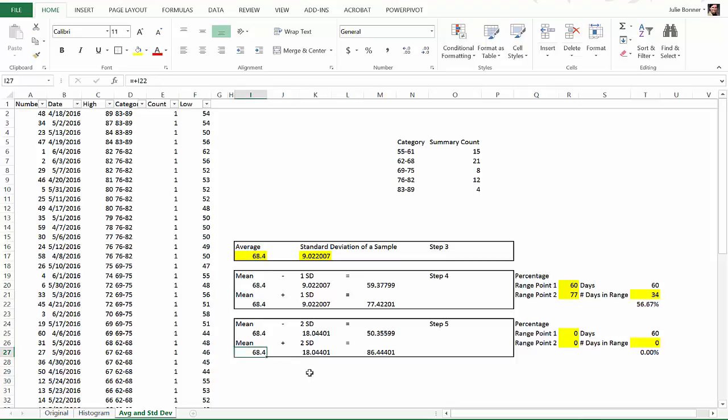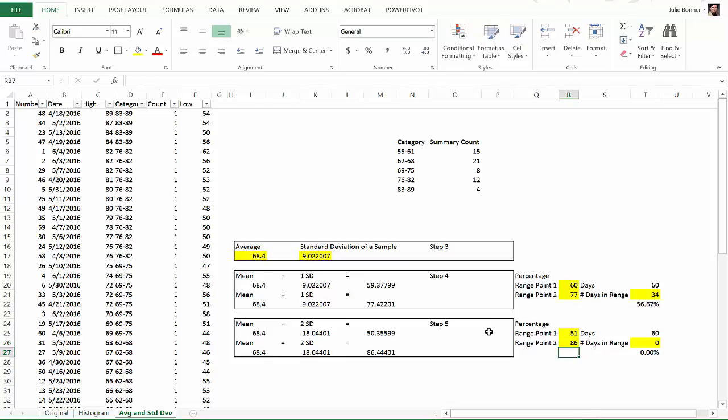And then the mean of 68.4 degrees plus 18.044, that gives me 86.44 degrees. So my range, what is my range? My range is now 51 degrees to 86 degrees.